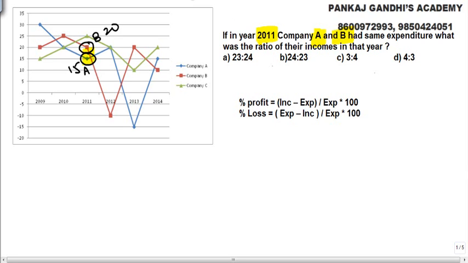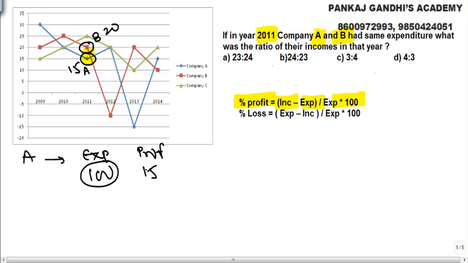What we know formally is percentage profit, income minus expenditure. In simple language, for A, if expenditure is 100, profit is 15, income sales will be 115.